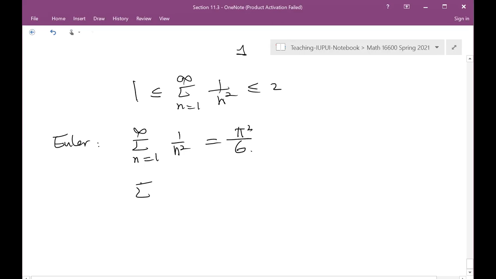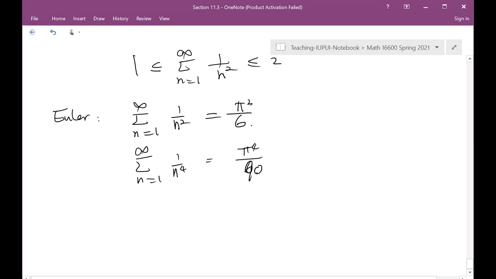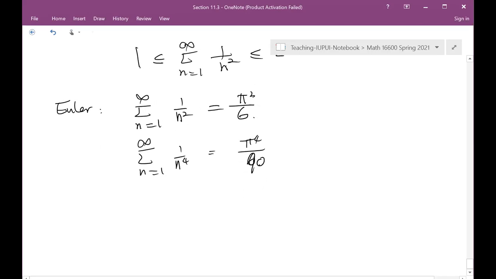But Euler gave us these two identities, like the sum of 1 over n to the fourth equals pi to the fourth over 90. I do not know how he got it, and we're not able to figure it out here. But this can be verified using computers. How do you do that? You can use a super fast computer to add the first 1 billion terms, and then take the difference with pi to the fourth power over 90.